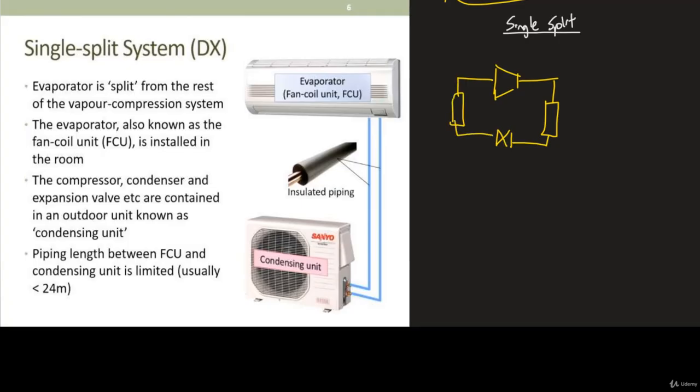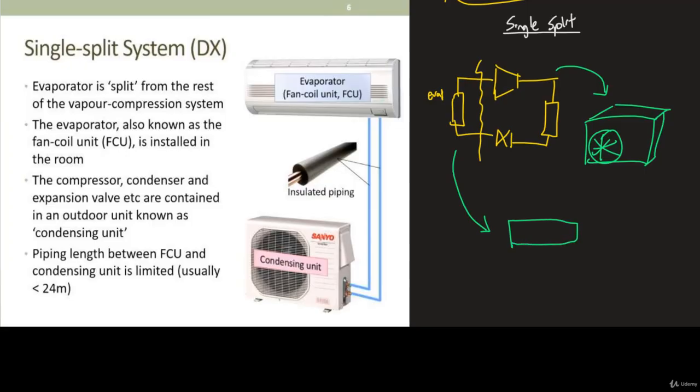The evaporator, which is the cold side, is split from the rest. You imagine these three components are housed inside a box, which is called a condensing unit. Whereas the evaporator is located at the place where you want to cool down, which is your FCU, your fan coil unit.